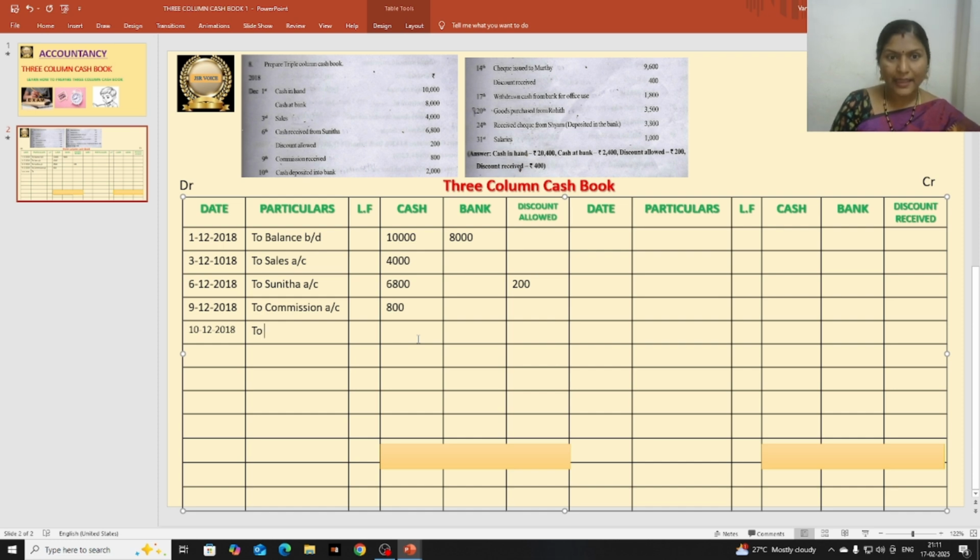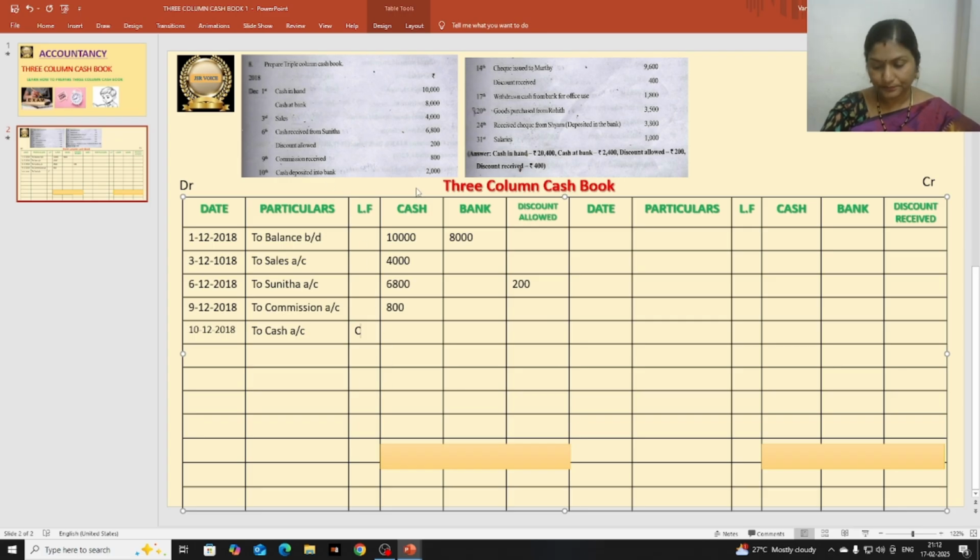Cash deposited into bank. I said bank account debit to cash account, so we should write to cash account here. And in the LF column we should record C, because it is a contra entry. Whenever we write any contra entry in the LF column, we should record C.